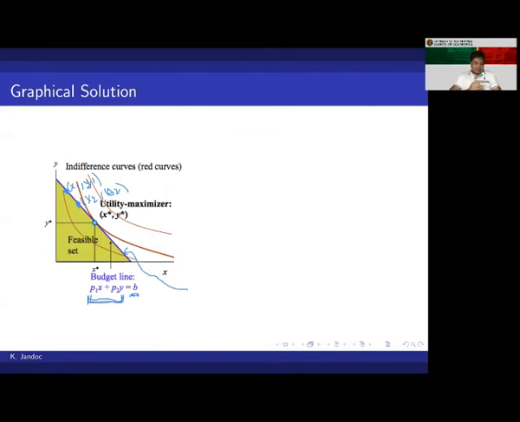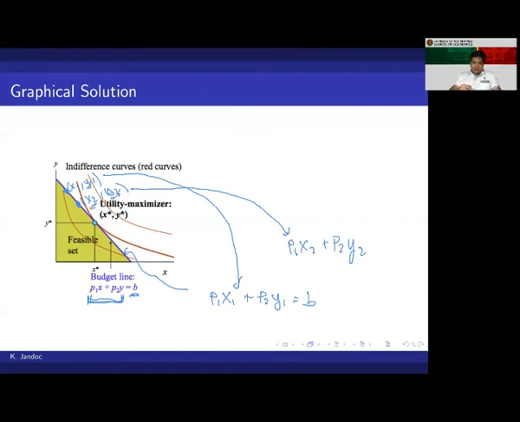So in short, p1 x1 plus p2 y1 is equal to b. This corresponds with this bundle. And for the bundle x2 y2, p1 x2 plus p2 y2, the total expenditure is also equal to b.